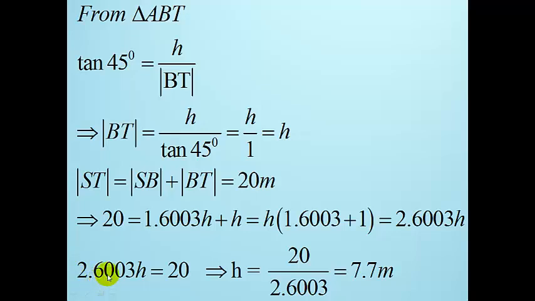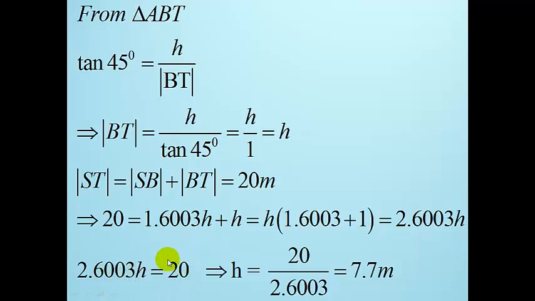And so if 2.6003H is equal to 20, how do we solve for H? We have to divide the left hand side by 2.6003, and we divide the right hand side by 2.6003. When we divide the left hand side by 2.6003, we are left with H. And we also divide the right hand side, 20, by the same 2.6003.